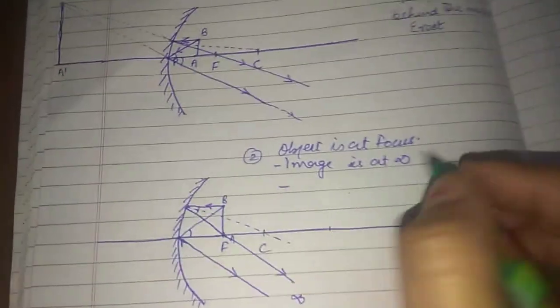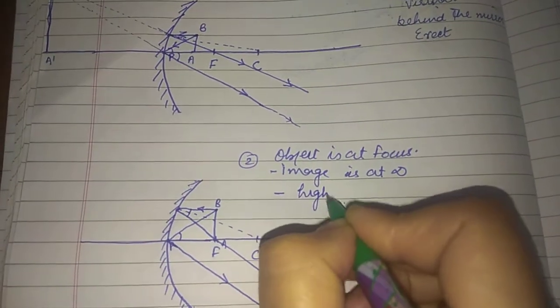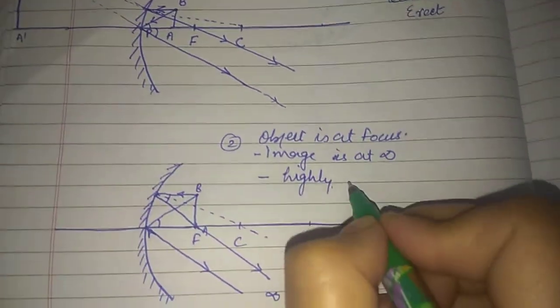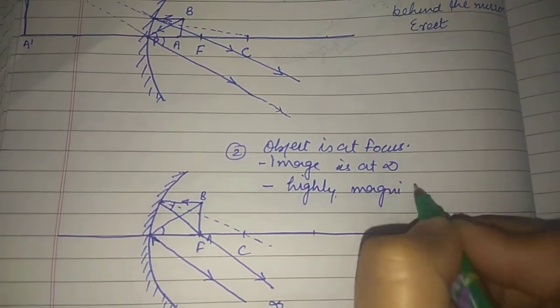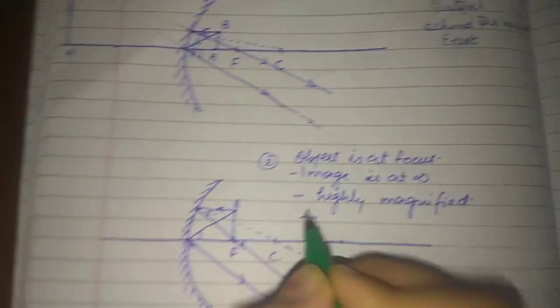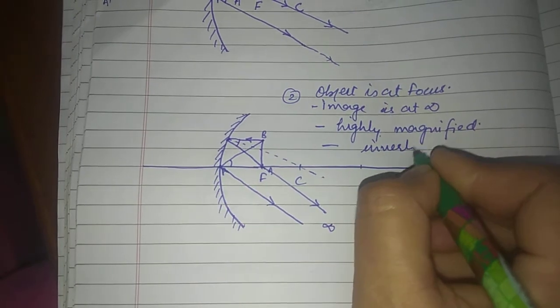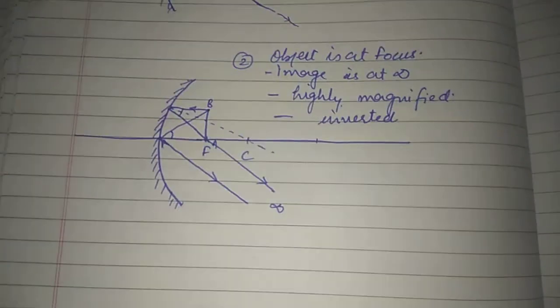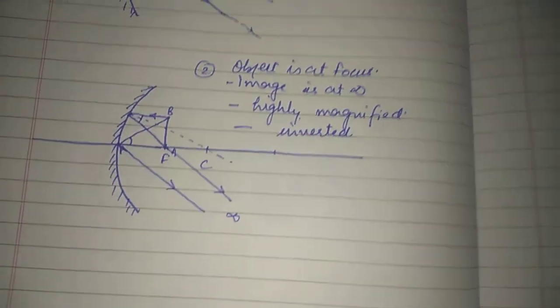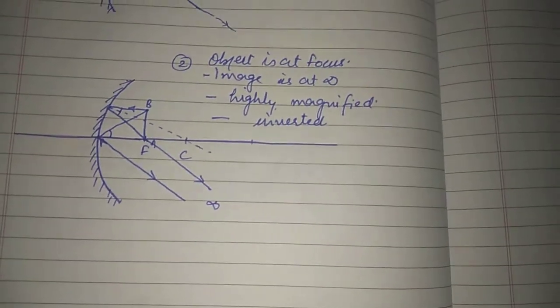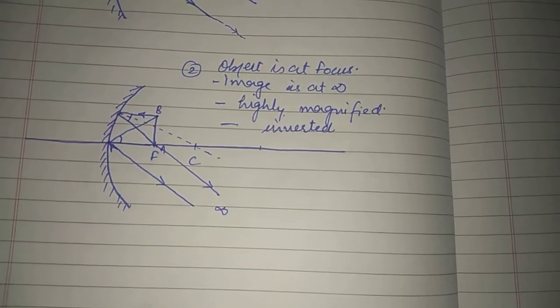They would be highly magnified. You see, they are going in the downward direction, so an inverted image we are going to get. So these are some characteristics of the image formed when the object is placed at the focus.